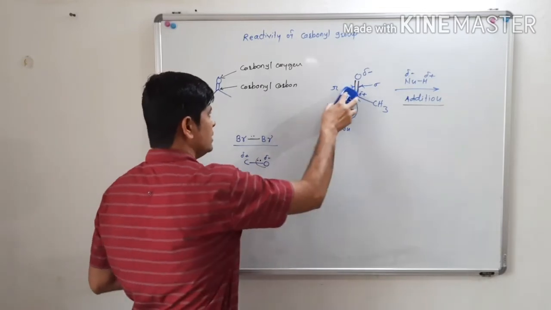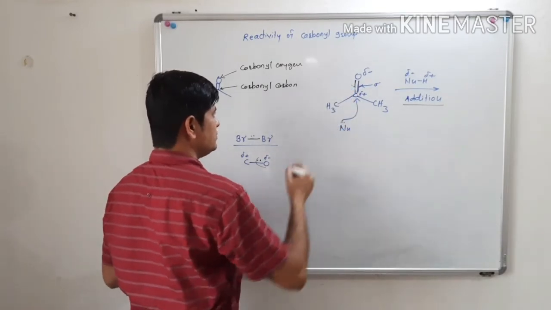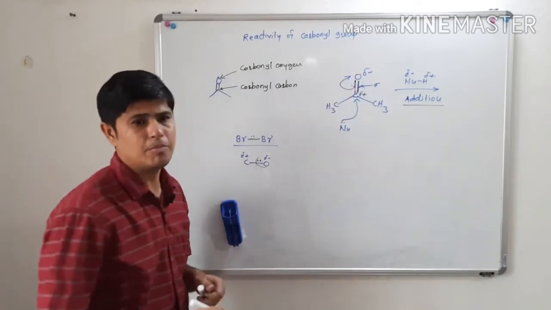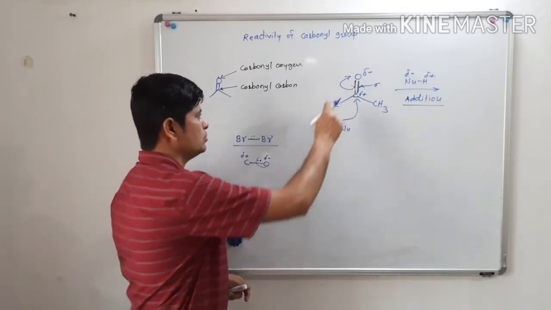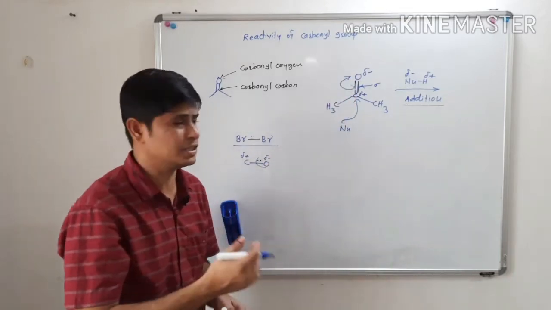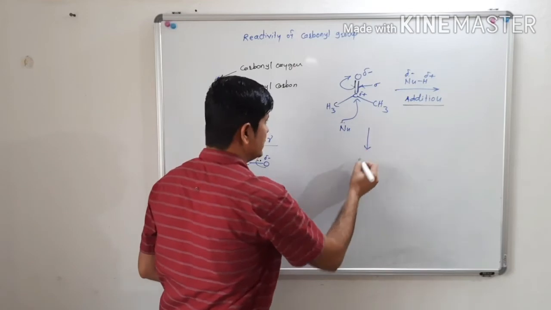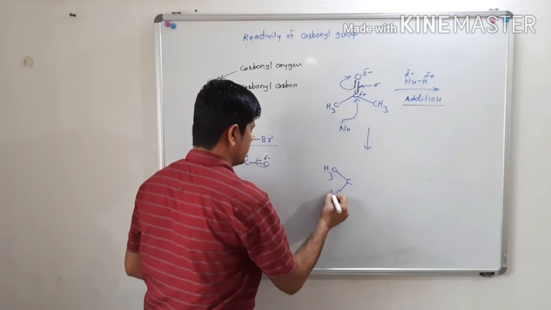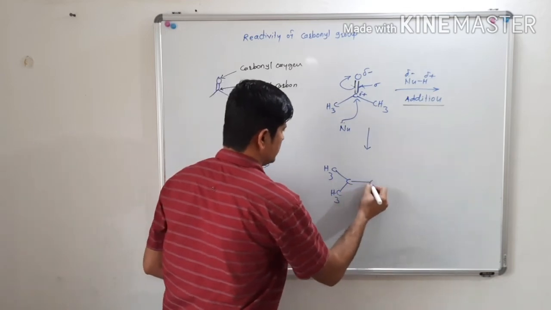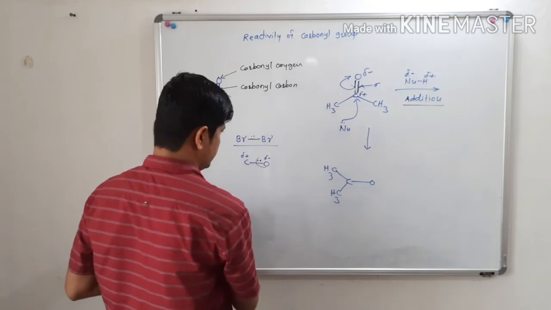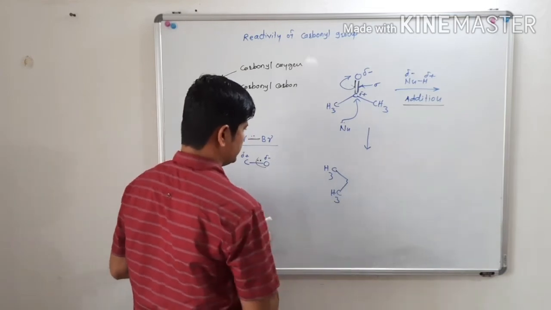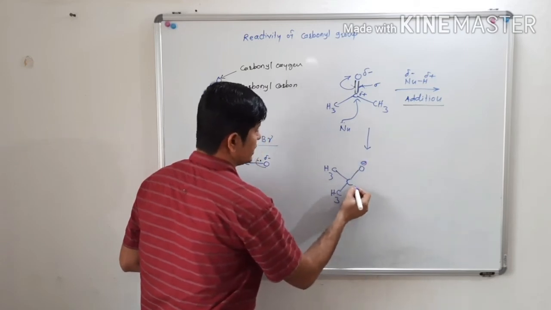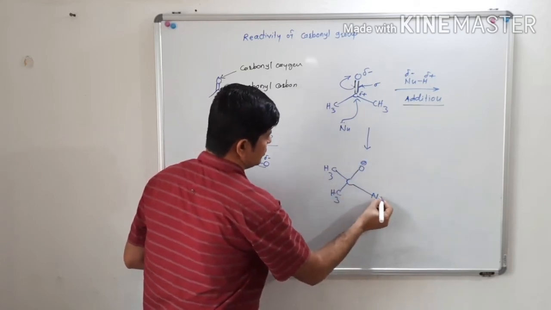At the same time there will be a shifting of this pi bond, that means breaking of this pi bond in between carbon and oxygen. So this electron density will go over the oxygen atom. So what we will get? We will get O minus, and here your nucleophile.